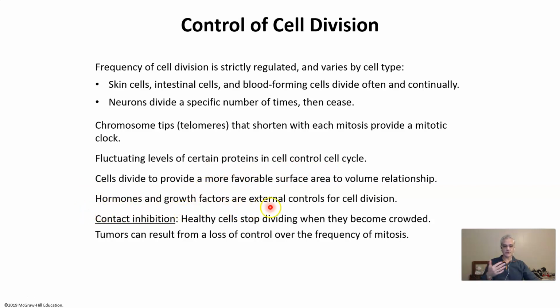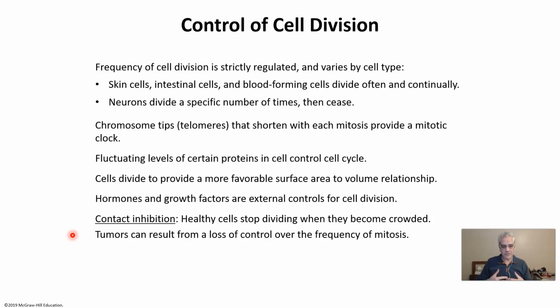As it says, hormones are growth factors, external controls for cell division. And then there's a thing called contact inhibition. Healthy cells that are dividing get to a certain crowded level, and they don't continue. It's the fact that they're contacting each other in a small space that they do not continue to divide.